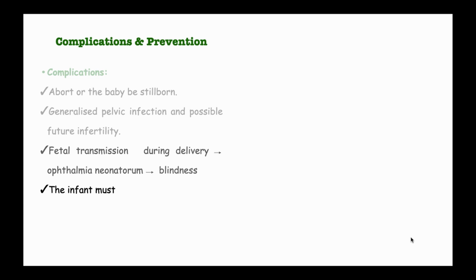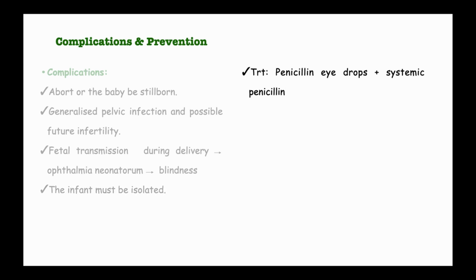Now, the infant must thus be isolated, and we must treat this infant with penicillin eye drops, as well as systemic penicillin to get rid of the gonococcus from the baby's circulation.